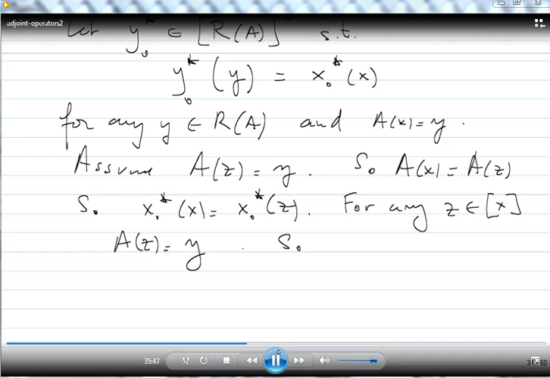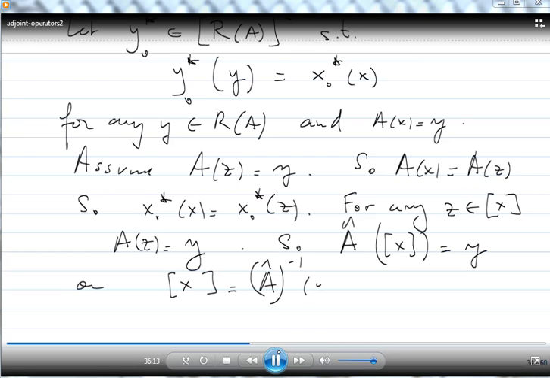So A hat of the class of x, by definition, is equal to y, or the class of x is equal to A hat inverse of y.